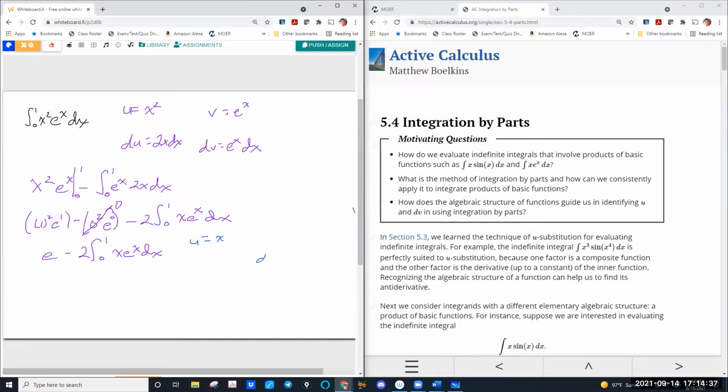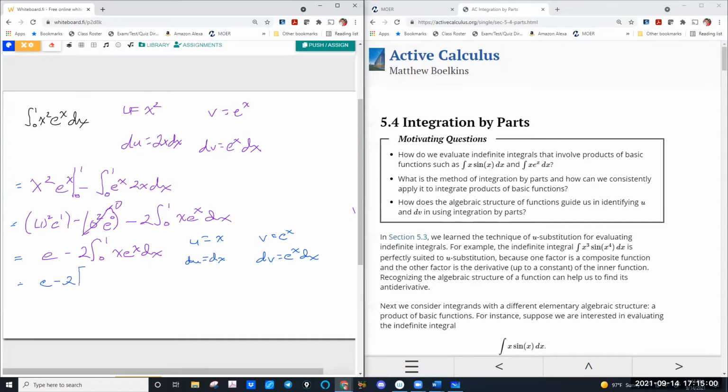So u is x, dv is e to the x dx. Like we saw last time, du equals dx and v equals e to the x. Now here's where bookkeeping comes in. Let's throw some equals on those. So we have e minus 2.